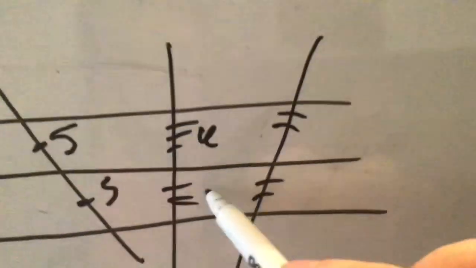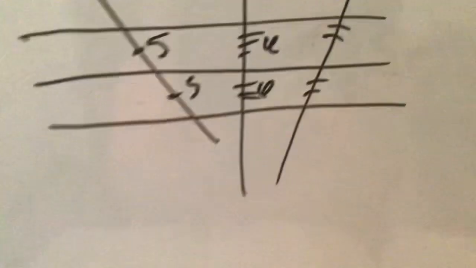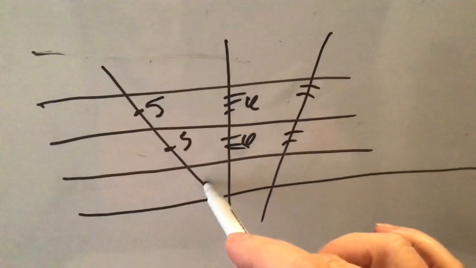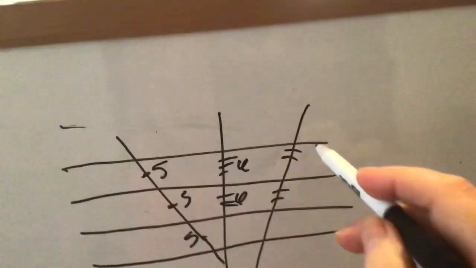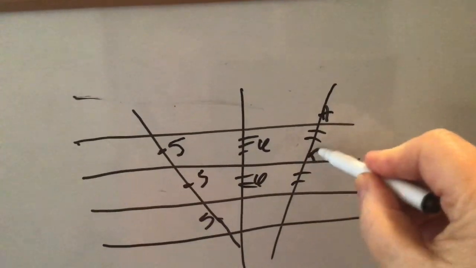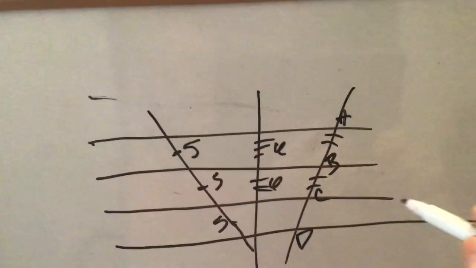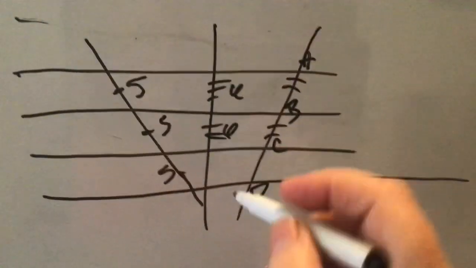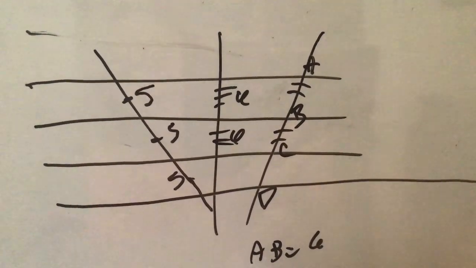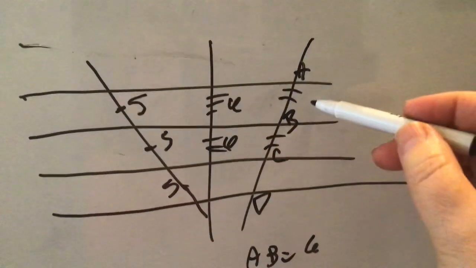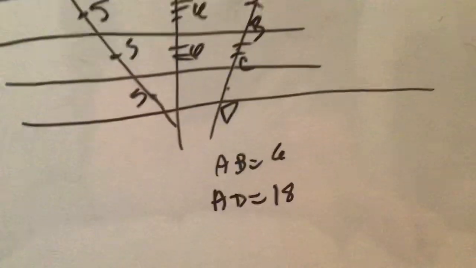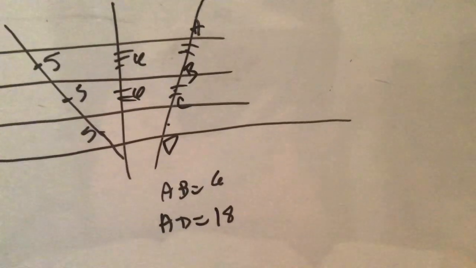If I know this one is 6, then I know this one is 6, and so on. But if I drew that third line there, and I know that it's also equidistant, and I tell you that this is A, B, C, D, and they're equal distance from each other, and AB equals 6, and I want to know what AD equals. Well, AD is 1, 2, 3 of those, so that would be 18. So you could find that length by knowing that those are all the same distance apart.